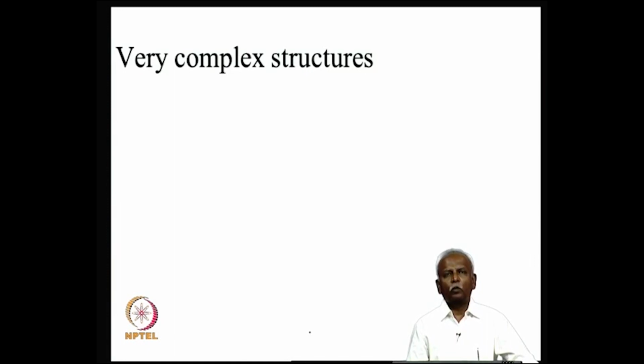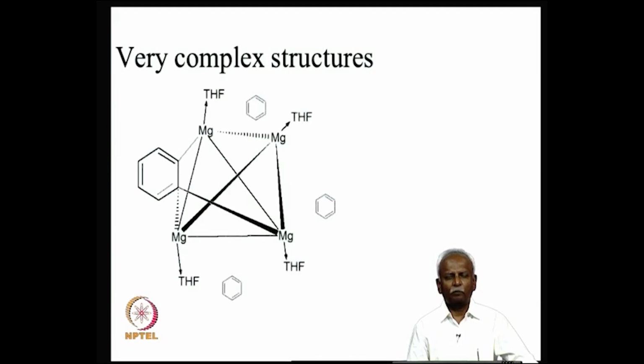Let me now move on a little bit towards the structures of metal alkyl complexes. They are in fact extremely complex, and some of them have been crystallographically characterized, and I have pictured for you right here the phenyl magnesium complex, which is stabilized by THF.